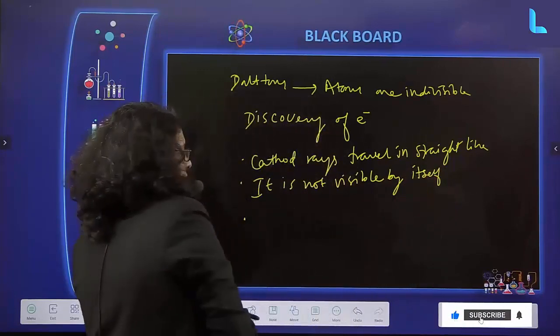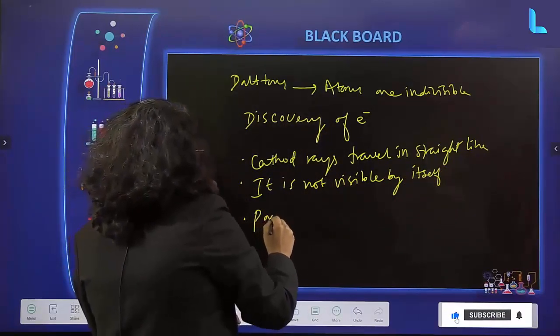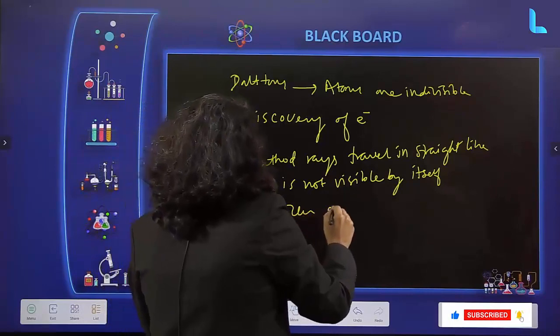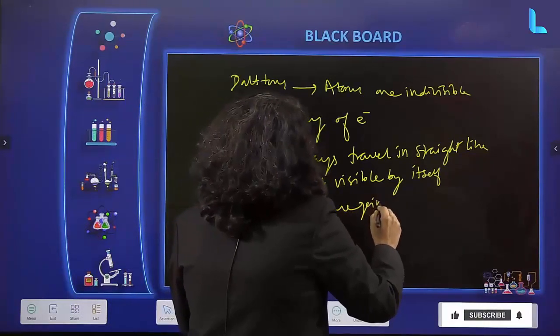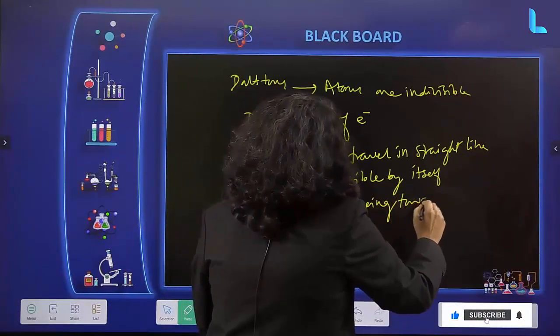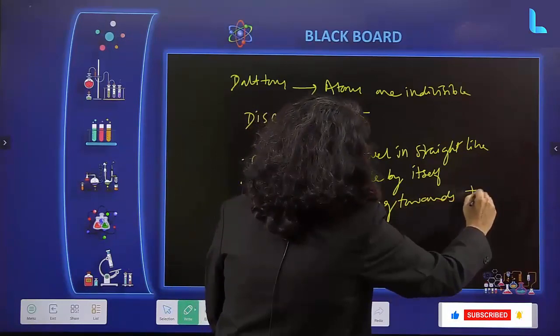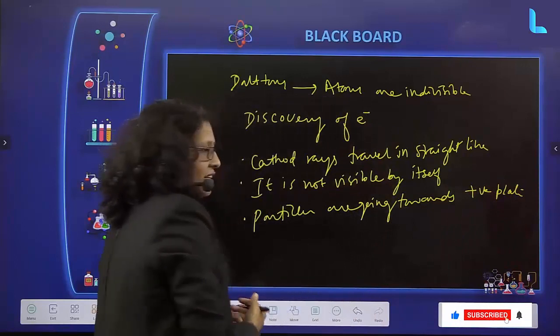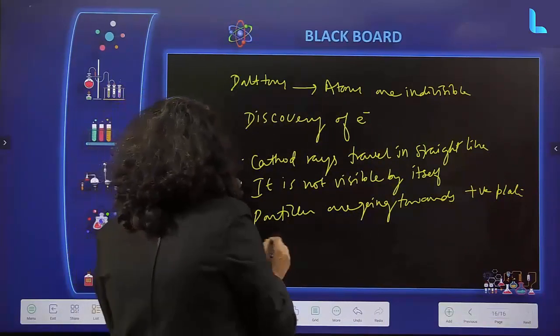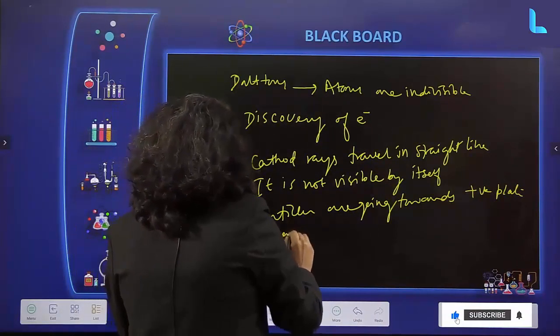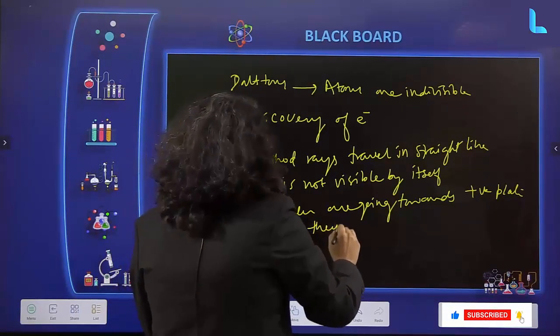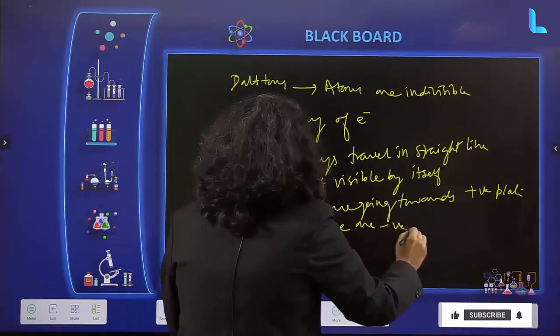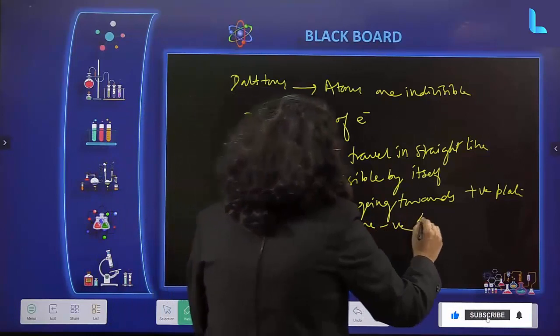Then the particles are going towards the positive plate, which shows that the particles are negative by nature, correct.